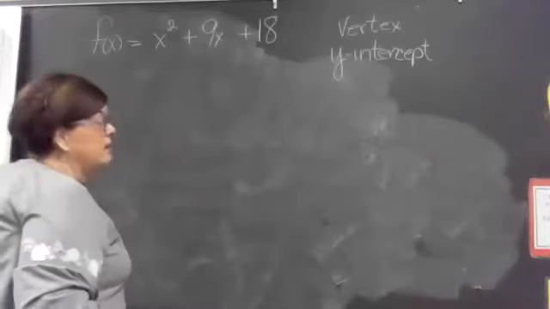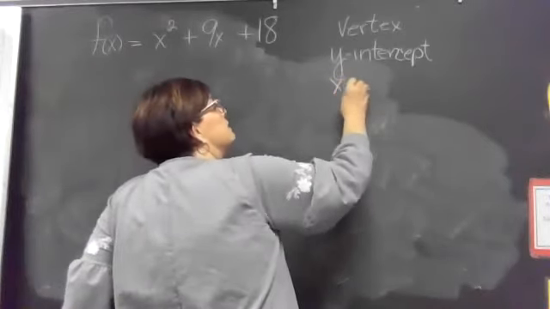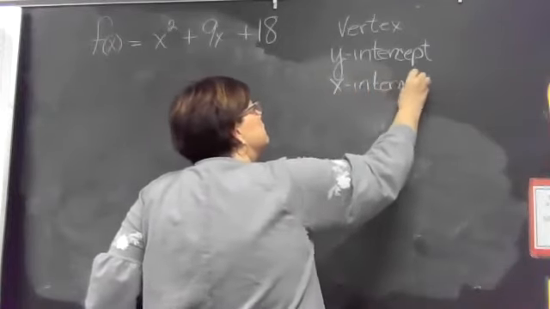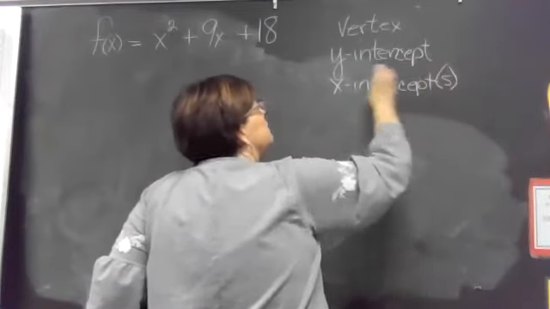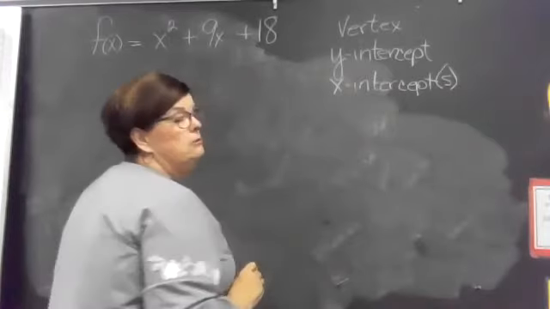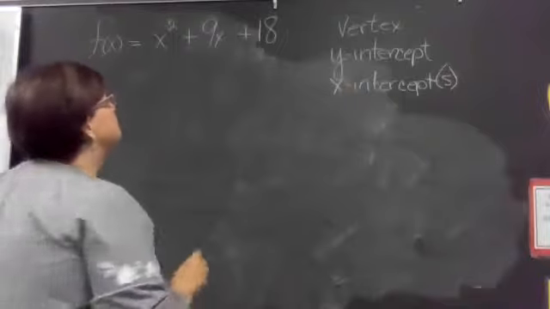We're going to find the y-intercept first, and then we're going to find the x-intercept. And notice that I put an S on here because it's a possibility that we will have multiple x-intercepts. Okay?